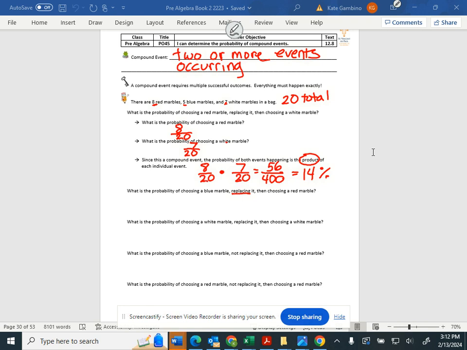But if we move down to this one, we see that it says not replacing it. So what is the probability of choosing a blue marble? Well, we see there are 5 blue out of 20. We're not replacing it, and then we're going to choose a red marble.